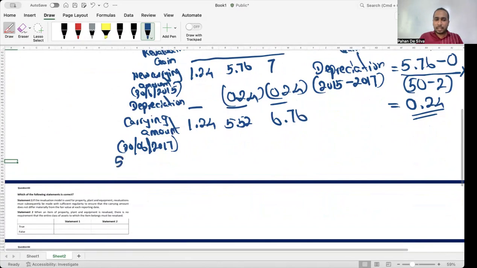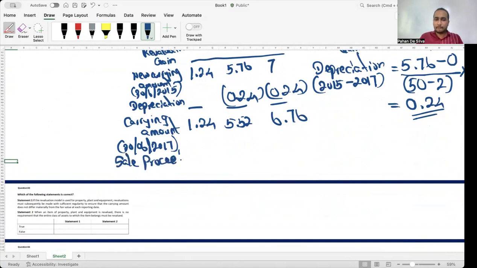So now you can take the sale proceeds. The total property is selling at 6.8 million. Now, what is the gain or loss on disposal? Actually, it is a gain. As per our books, this property is worth $6.76 million. But we are selling this property at a value more than the carrying amount, which will result in a gain.